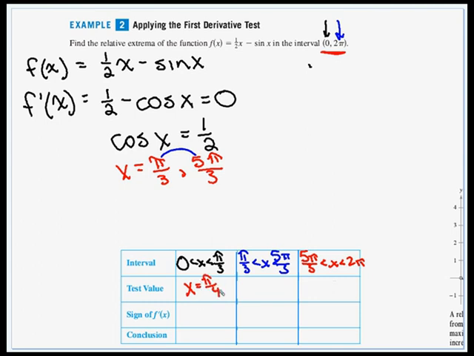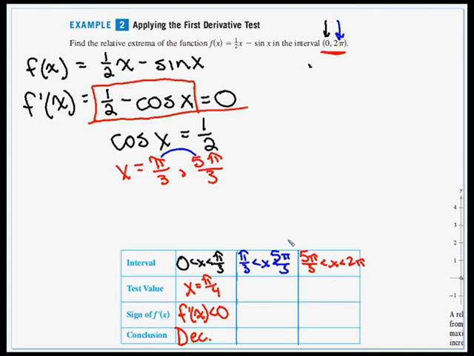Now remember, we're plugging these test values into the derivative, 1/2 minus the cos of x, to see if our derivative is positive or negative. When we plug 1/4 pi in there, we get a negative number. So here our derivative f prime of x is less than 0. That tells us on this chunk the function is decreasing.